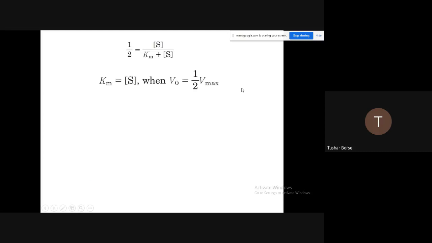I think in her presentation, Nupur has given that particular condition. So you can see here that Km is equal to substrate concentration when V0 is half of the maximum velocity. So we can put those values here, and you can see that Km is equal to the substrate concentration.